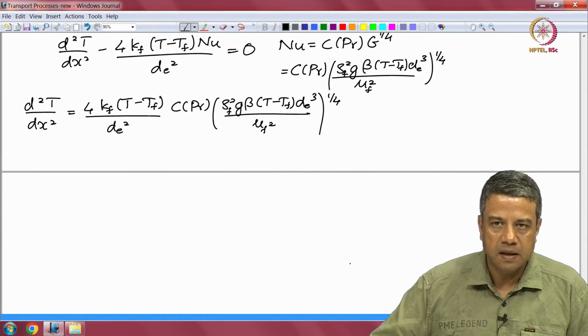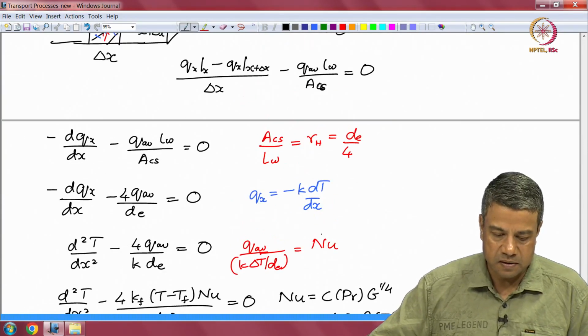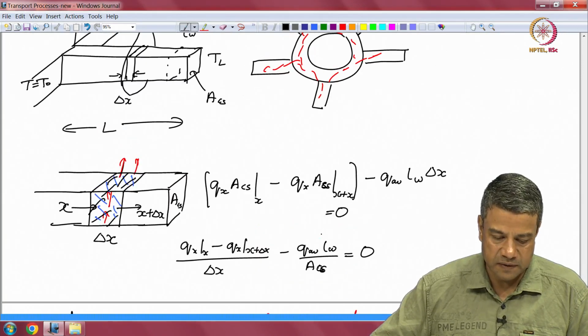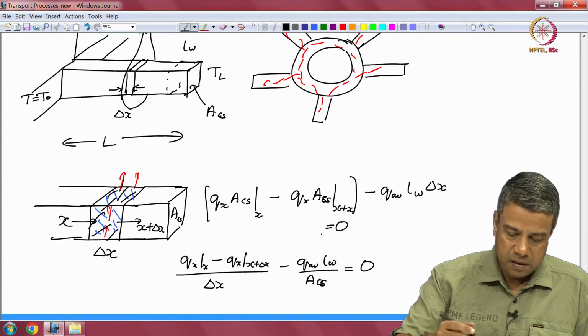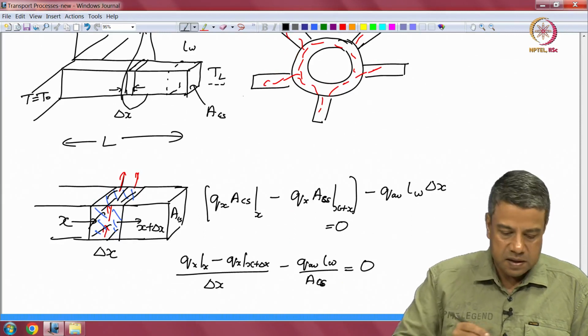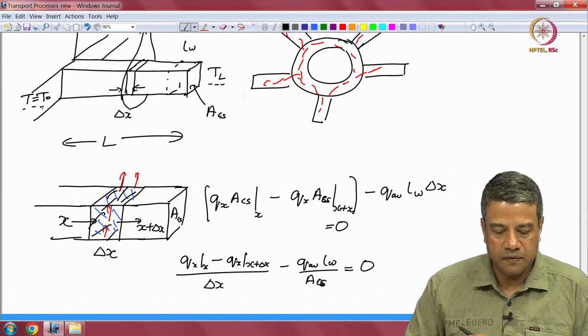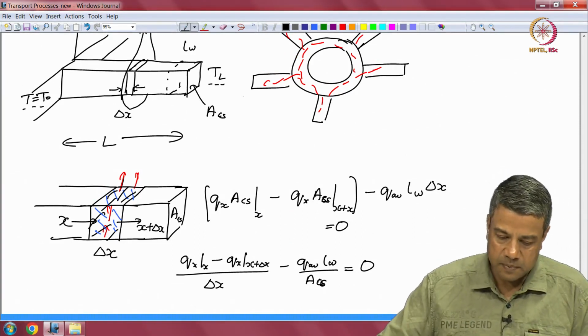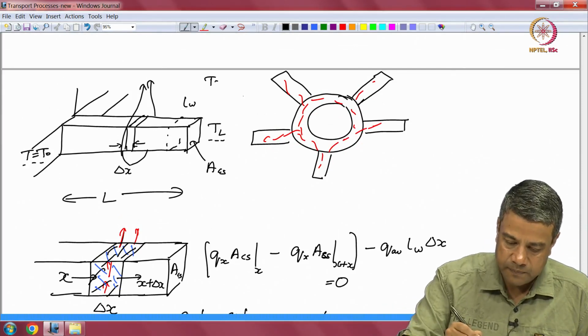So once again I can define a scale temperature, which is useful in such cases because the temperature is varying. The temperature at the beginning of the fin is T naught, and the fluid temperature is Tf.